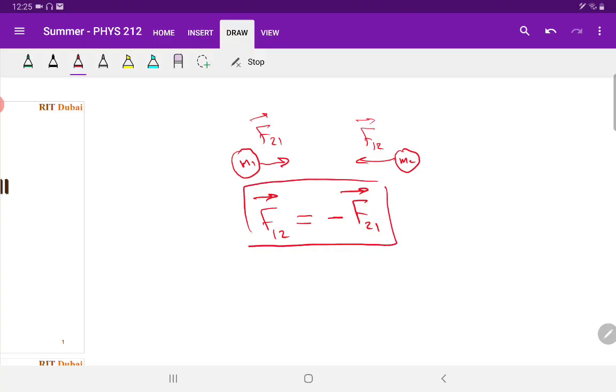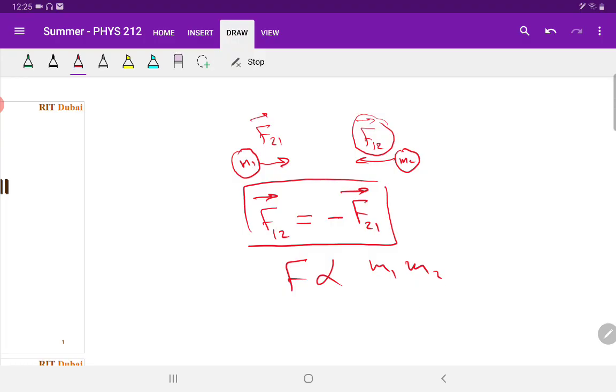Now the question is, what are the factors that control this force? If I want to describe this force, what are the parameters or variables that affect it? We said this force is proportional to M1 and M2. So if we have heavier masses, the force between these two will be larger.